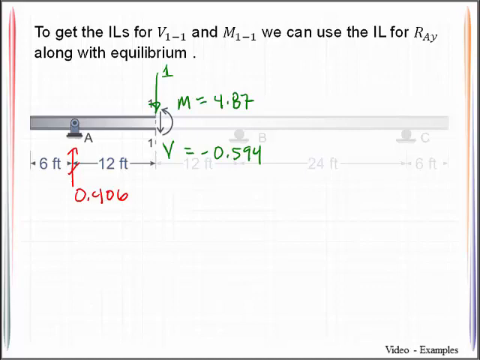But as you may recall, we also look at the scenario where that unit load is placed just to the right of the cut instead. That doesn't affect what the internal moment is that we calculate, but it would affect what the internal shear is that we calculate at that location. And that would turn out to be 0.406.